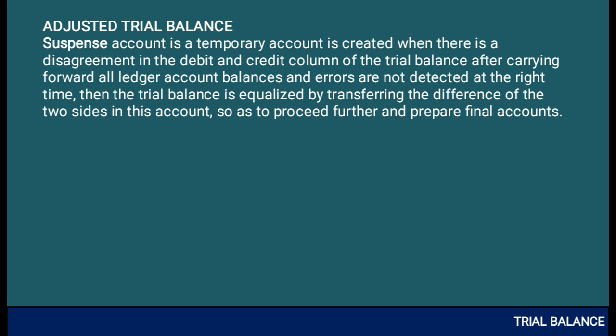So in that case we never waste our time finding out the debit balance or the credit balance, and we transfer a certain amount by the name of suspense account. Okay, so the suspense account is a temporary account that we create just to match the total of the debit and credit columns of our trial balance.